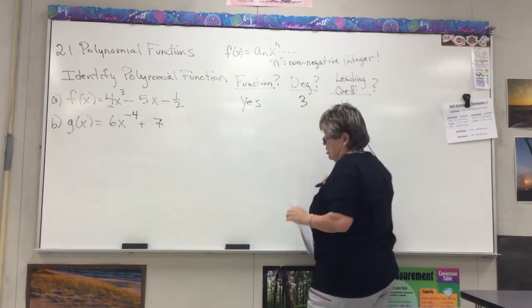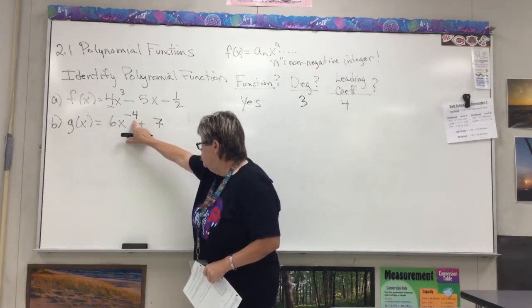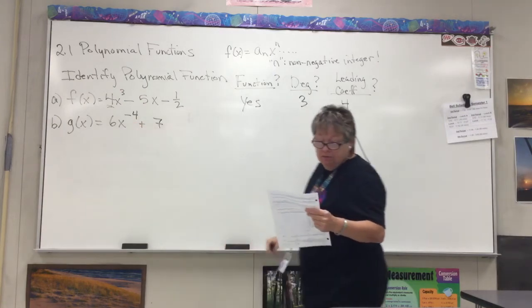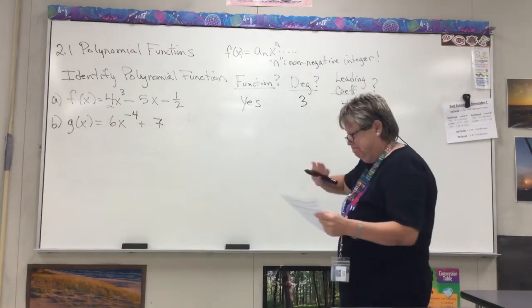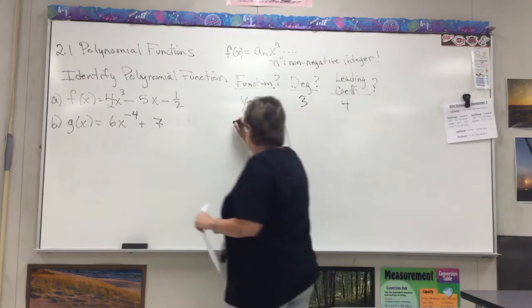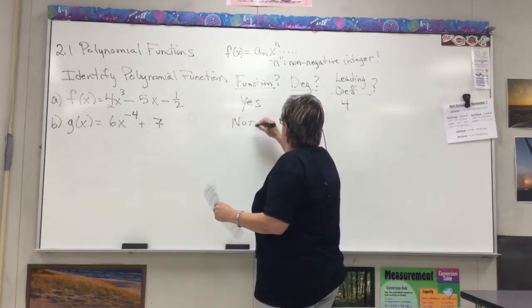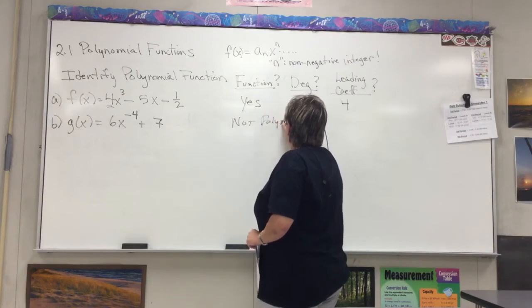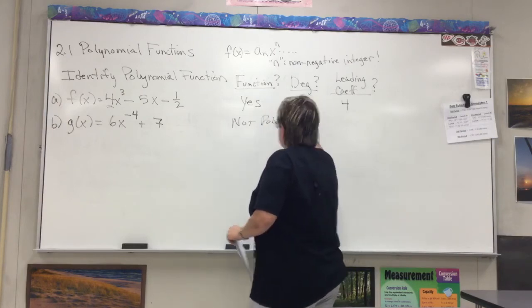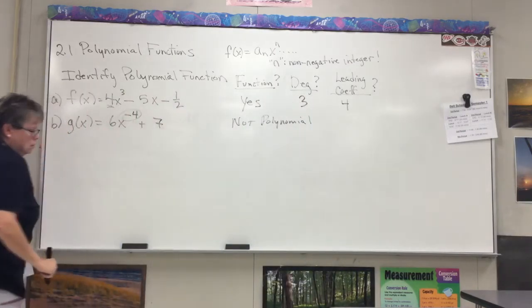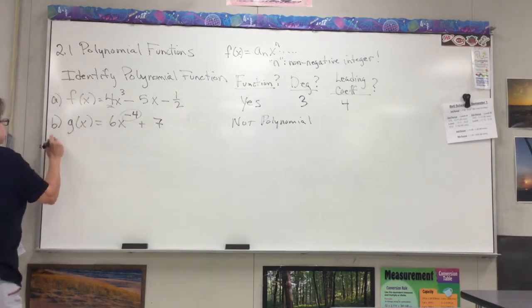Look, we have negative 4 there for n. That's not going to happen. So we claim this one is not a polynomial because of that negative 4. Glad I had that for an example; I would have messed up your notes.